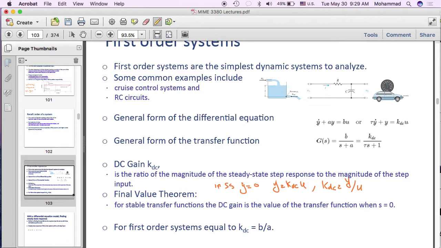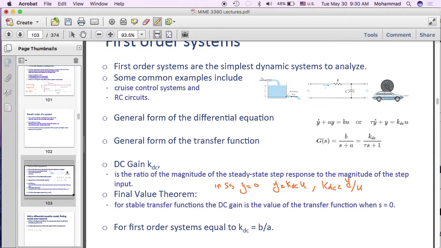Now, in the form of a transfer function, again, when you bring your transfer function into the standard form, if you have a constant times s plus 1, this is going to be the time constant, the coefficient of s. But what is sitting in the numerator is your DC gain. We'll talk about why that is the DC gain when we further talk about the final value theorem.